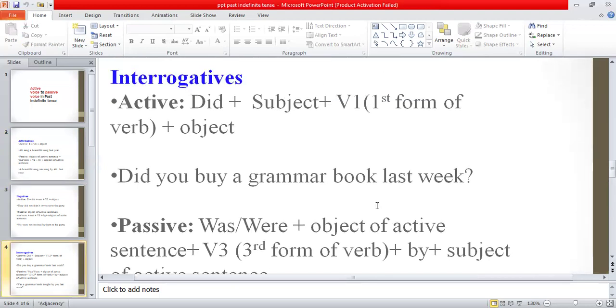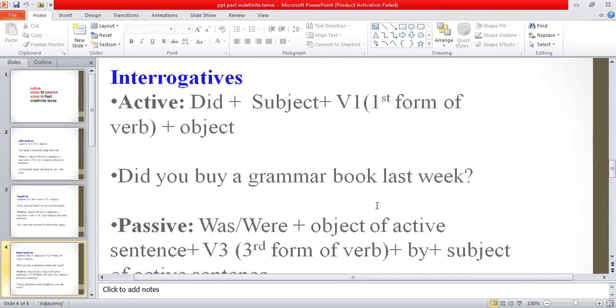Then we have interrogative sentences. If you want to change an interrogative sentence from active to passive voice, the structure formula of an active sentence is did plus subject plus first form of the verb plus object.